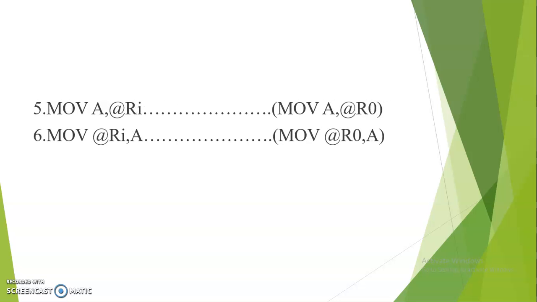We will see the next 2 combinations, which are here on the screen. The next combination is MOV A, @Ri, and the example I have written is MOV A, @R0. This instruction will copy the contents of the memory location whose address is specified in the register Ri of the selected register bank to the accumulator.